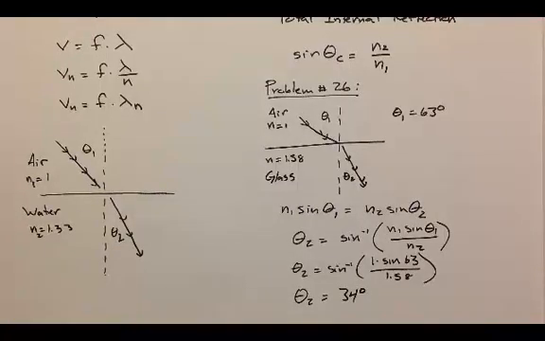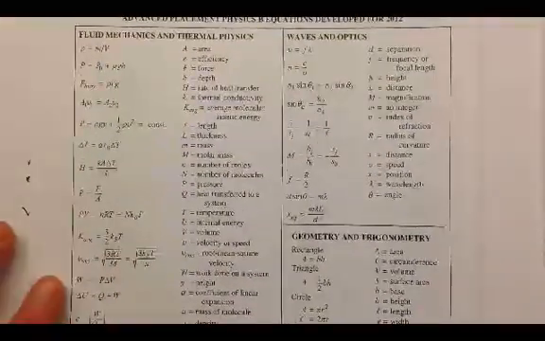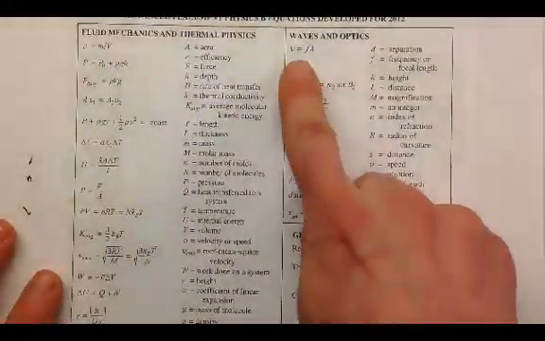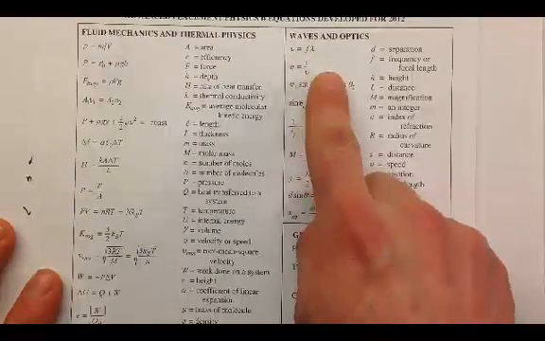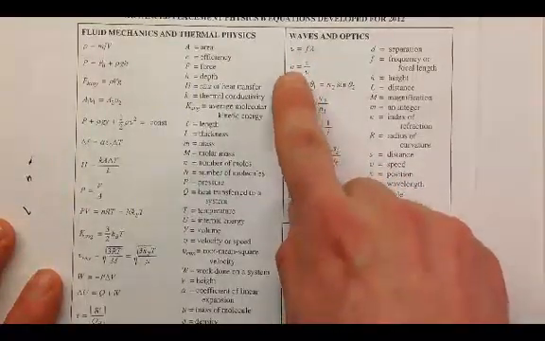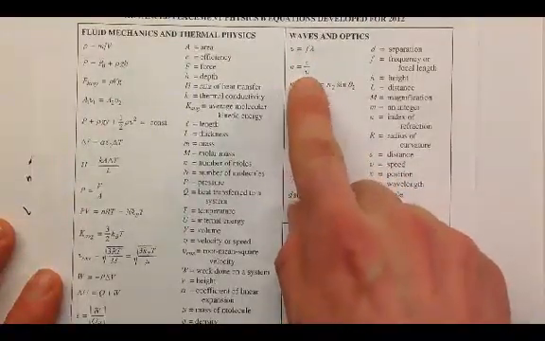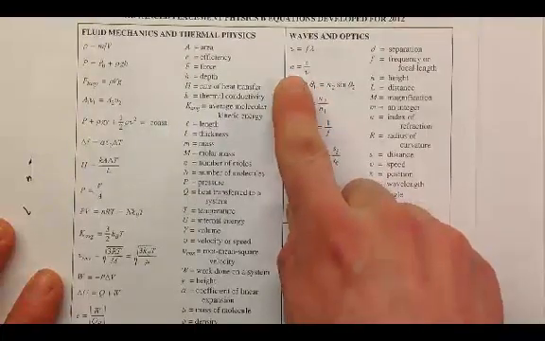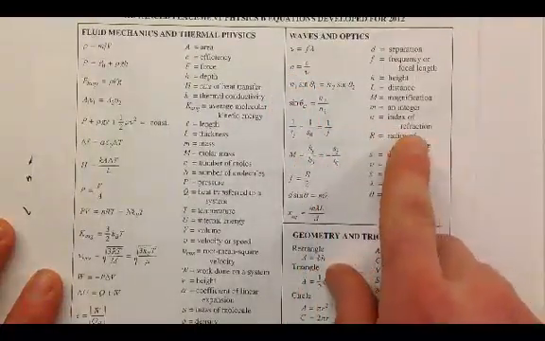Now, these three new equations we just talked about, I would just like to show you where on the equation sheet they are, right? So you know the wave equation, speed of a wave, frequency times wavelength. Here's how the AP defines n, or the index of refraction.